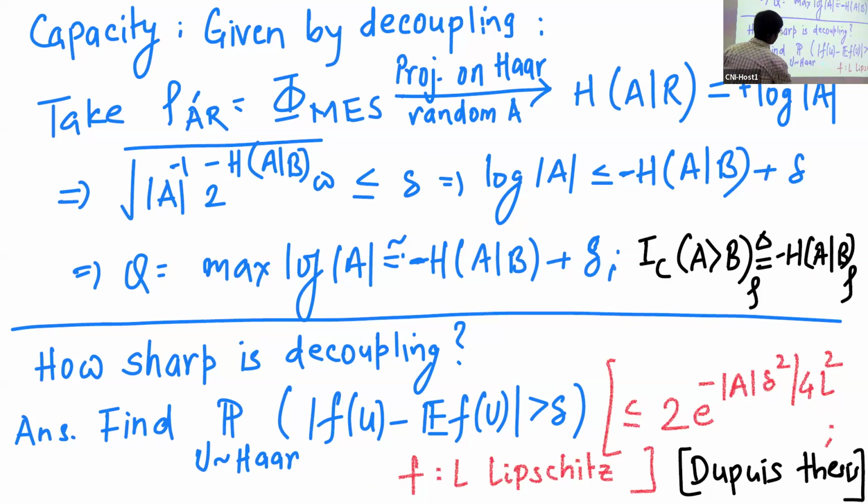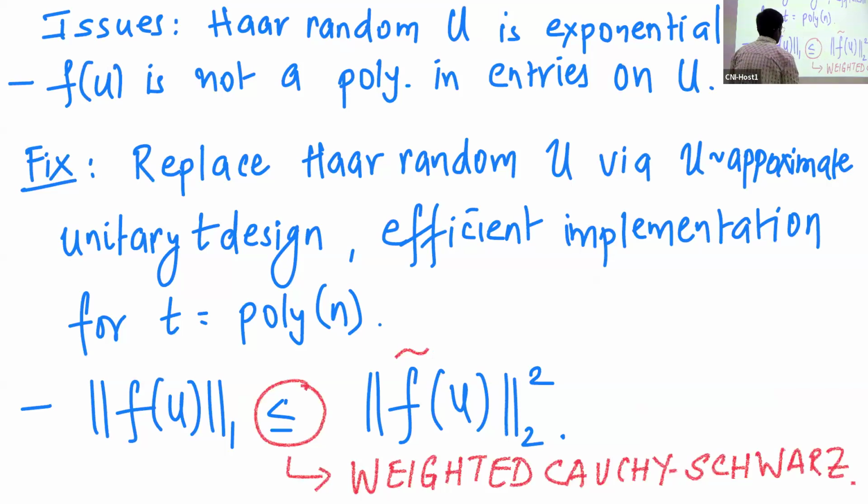This function is essentially the difference of the two operators in the L1 norm minus its expected value. And I want to get an exponential concentration. I don't want to use Haar random unitaries because they are inefficient to implement. A d by d Haar random unitary would need exponentially many gates to be implemented. So we want to replace this U by something which is more efficient, which we'll see shortly.